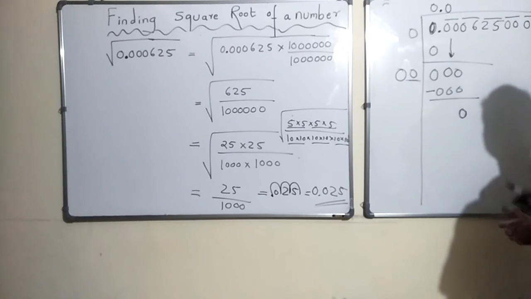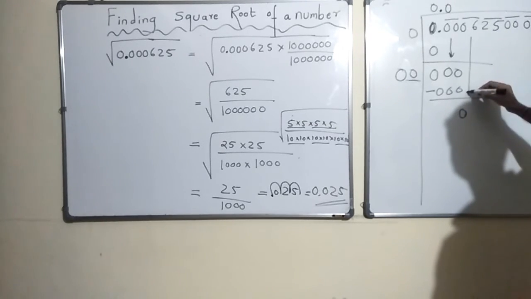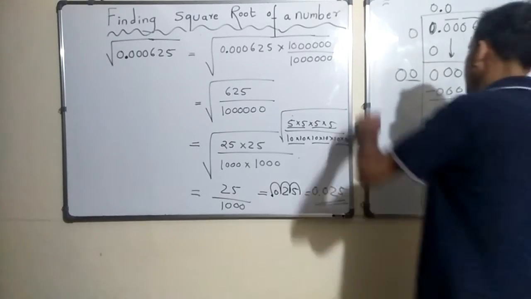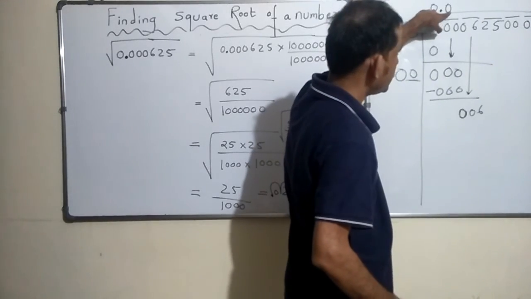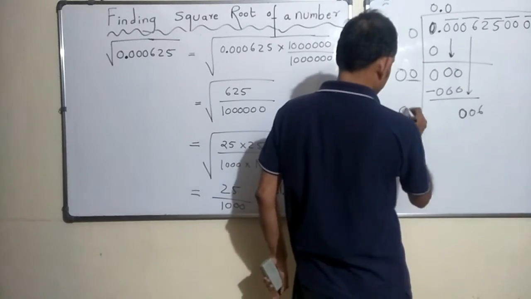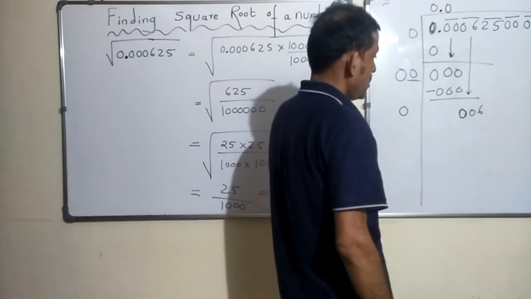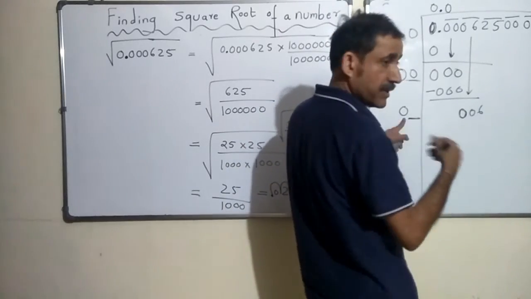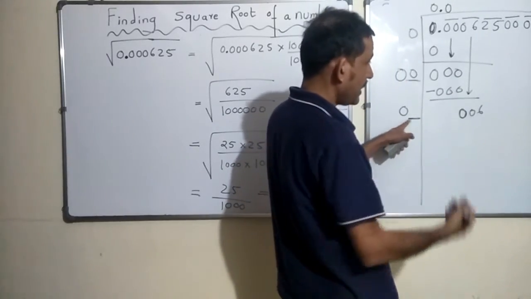Okay. Now, if you see the next part, I bring 0, 6, right? 0, 0 plus the last digit which we added, 0, so it is 0. Now, what should I add here such that when I multiply with that digit, I get 6 or less?